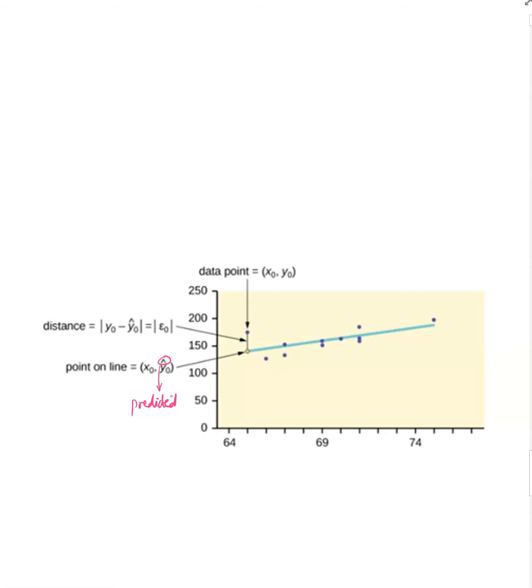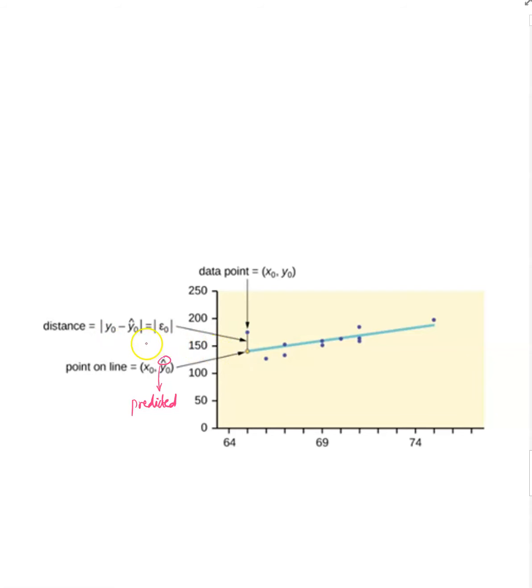It's not the actual value, it's the predicted value. Sample proportion is not the actual population proportion value, it is close to it. So we're talking about the distance between y0 and y0 hat must be minimized.